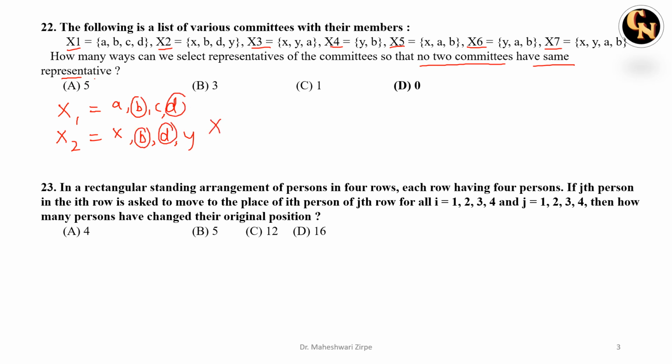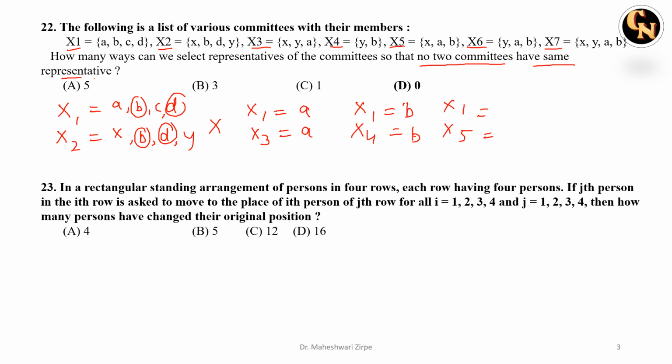Similarly, we can try with everyone. X1 and X3, let us take. What is common? A is common. Then let us go with X1 and X4. You just see what is common. B is common, both have B. Then let us try with X1 and X5. So you should go on trying like this.